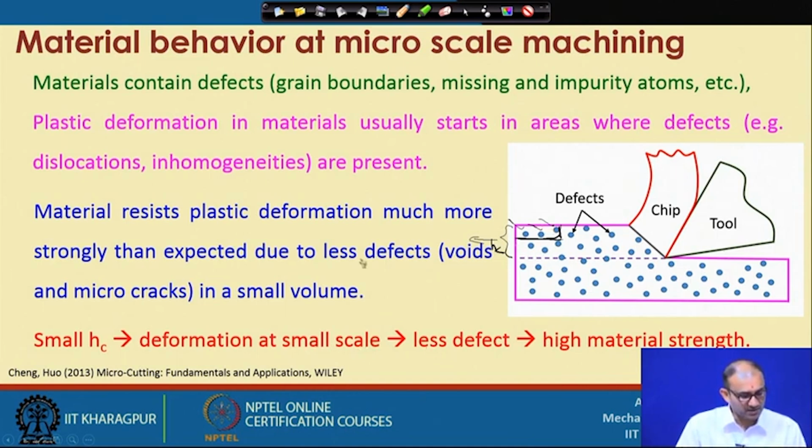And when deformation is at small scale, the tool will encounter a smaller number of defects, and that is the problem with the material removal. Because of that you end up with high material strength, because the material will behave like a more ideal material without any defects, and that is the reason you are getting a very high strength of the material at micro scale machining.